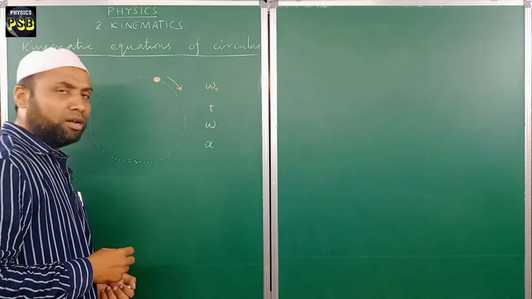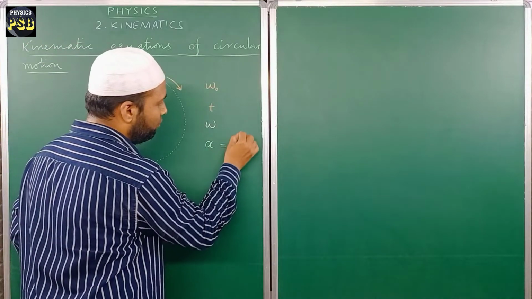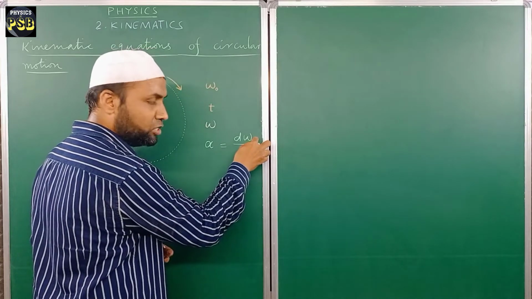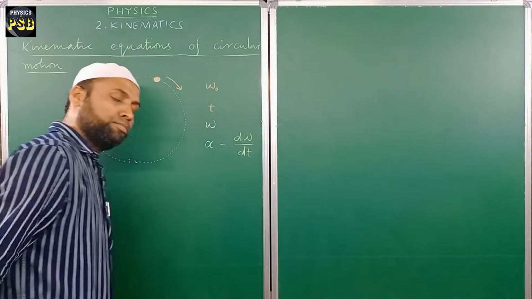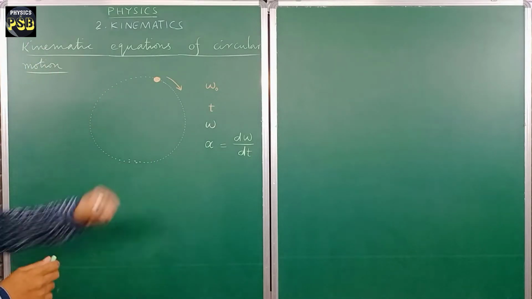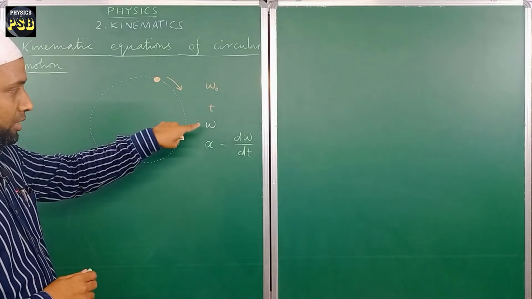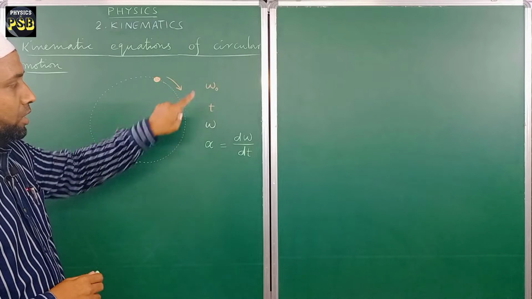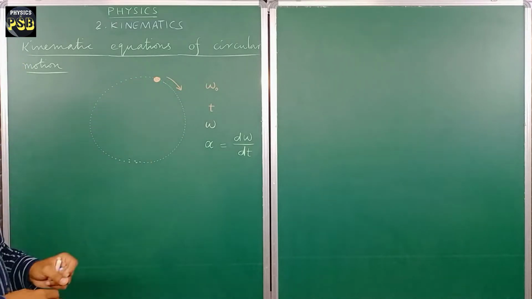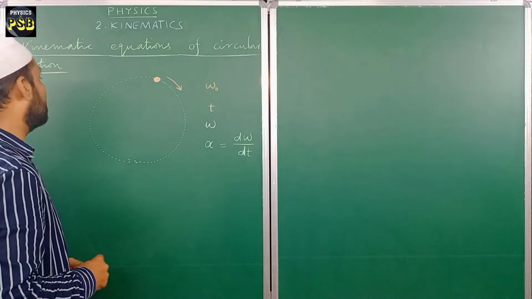This represents angular acceleration, which is nothing but the rate of change of angular velocity, the change in angular velocity with time. Now I have these terms: acceleration, time, initial velocity, and the final velocity. With these, I am going to get the kinematic equations of circular motion.